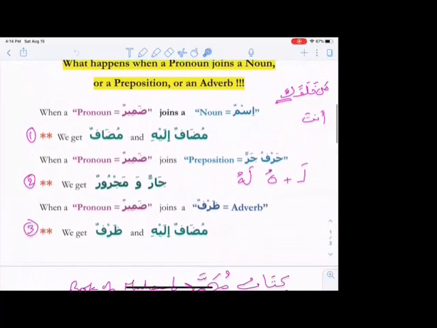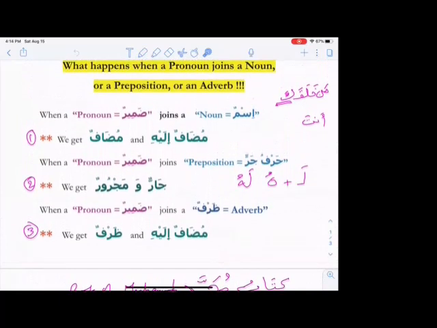So here is the song. When a pronoun, damir, joins a noun, we get mudaf, mudaf ilayhi. Anytime you see a pronoun coming after a noun, it will be mudaf mudaf ilayhi.